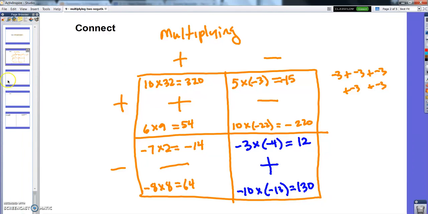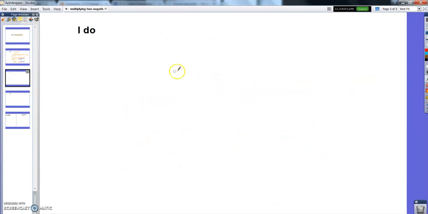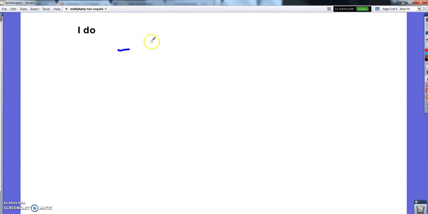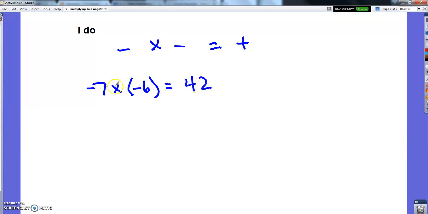So the first thing I want to let you know on the I do is that a negative number times a negative number is a positive product. So for instance, I just did a few examples, right? So negative 7 times negative 6 is 6 times 7 is 42, and negative times negative is positive 42. Hardly seems right. Holds up with fractions too.